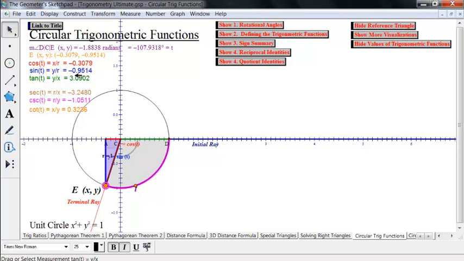Now, those are the definitions of all 6 of those trig functions. Of course, if r is 1, this simplifies to cosine of the angle is x, sine of the angle is y, tangent is y over x, secant of the angle is 1 over x, cosecant is 1 over y, and the cotangent of the angle is x over y. We'll come back and work with this a little bit more in our next video.